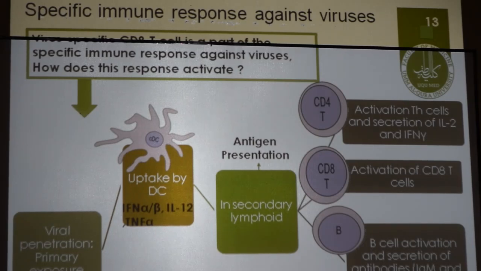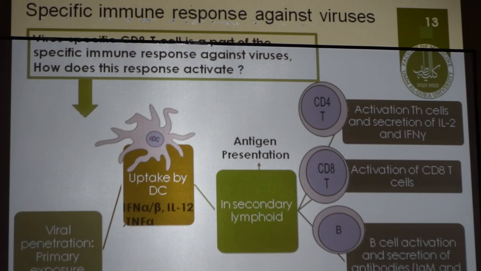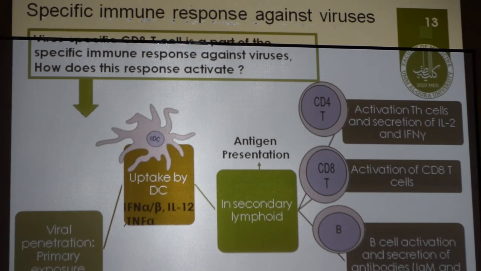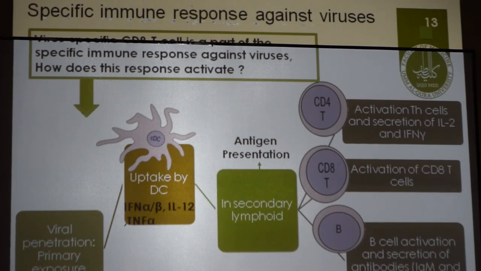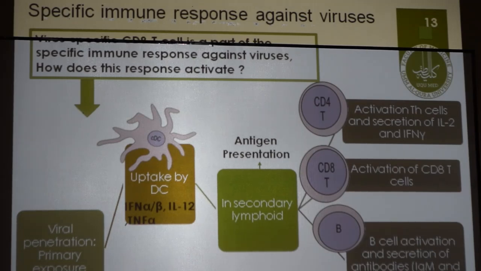We have already talked about CD8 cells, which when activated become cytotoxic T lymphocytes. They will kill the cells that have got virus in them. B cells, with the help of CD4 cells, are going to produce the antibodies that are specific to the virus, and that will require class switching and somatic hypermutation in the lymph nodes, and CD4 cells will start producing IL-2 and interferon gamma.